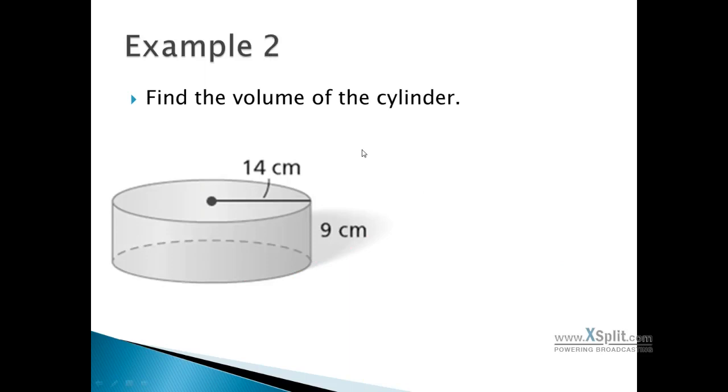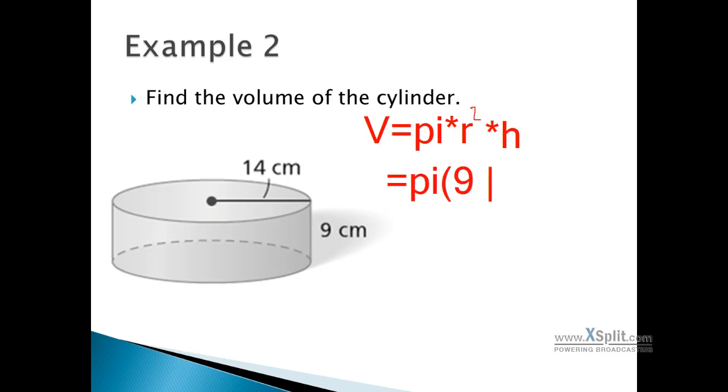For cylinders, you're going to do something very similar for this one. Volume is equal to, remember the equation, pi times radius squared, and then you're going to multiply that by the height of the thing. So that'd be pi times 14 squared times 9.